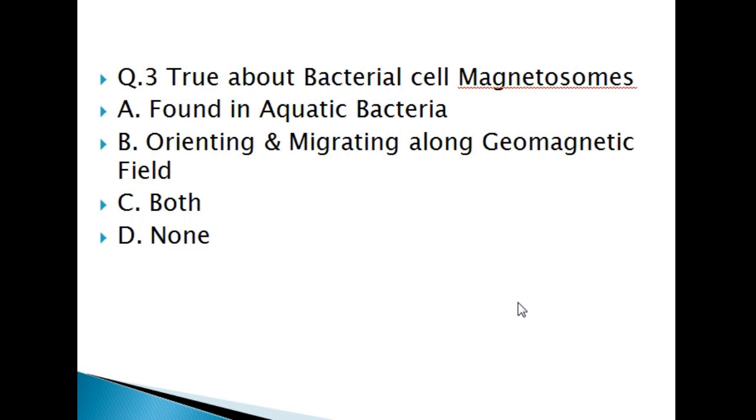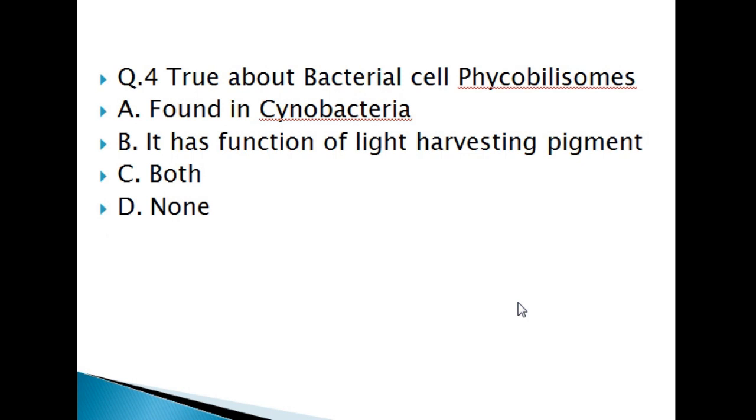Question number 3: true about bacterial cell magnetosomes: A. found in aquatic bacteria, B. has a function of orienting and migrating along the geomagnetic field, C. both are correct, and D. none are correct. Question number 4: true about bacterial cell phycobilisomes: A. found in cyanobacteria, B. has a function of light harvesting pigment, C. both are correct, and D. none are correct.